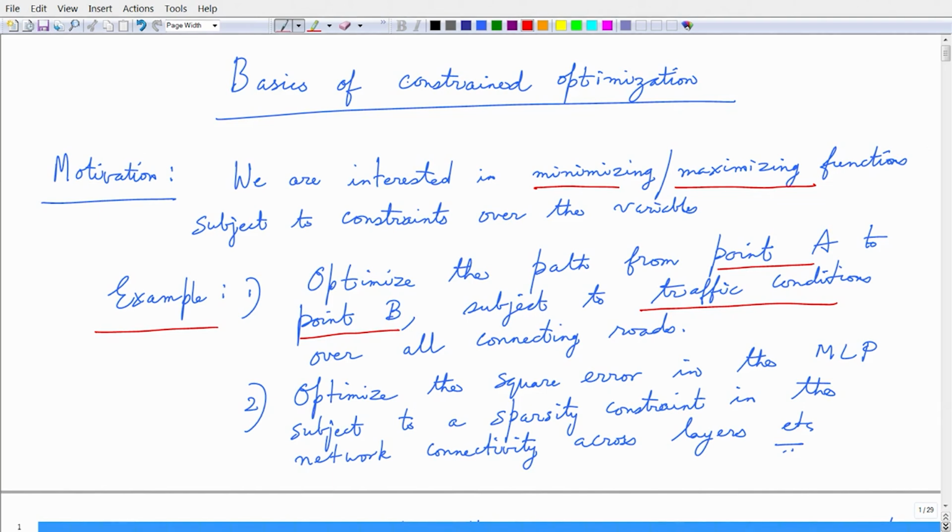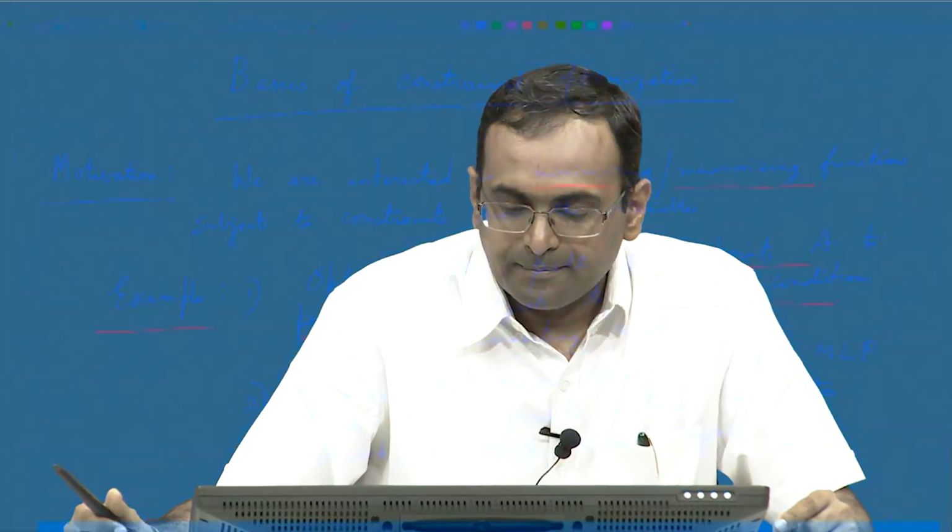I want to weed out all the synapses that are lower than a certain threshold. This may be another optimization that I could do over the mean square error in a way that I can weed out dead connections or dead neurons. Okay. So, like this we have various examples that we will have to deal with in practice when we have to solve an objective function subject to constraints.